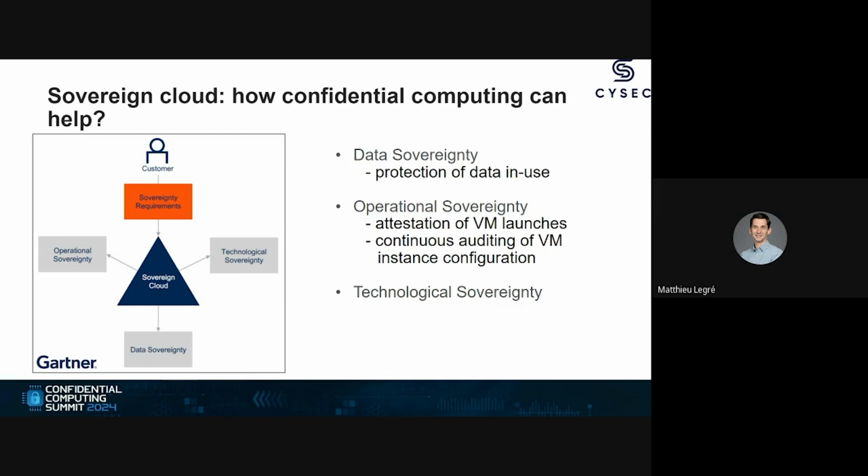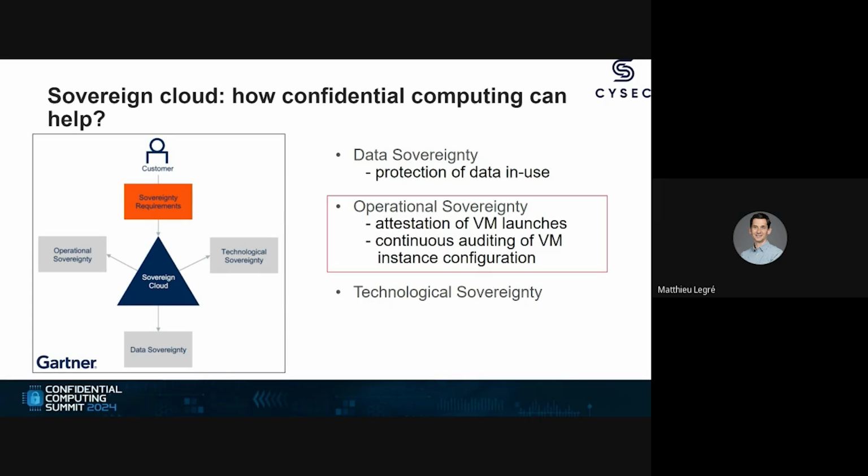In other words, it gives the customer the possibility to verify regularly that the confidential computing context of his or her VMs is compliant with their security policies all the time. Okay, so that's the big picture.